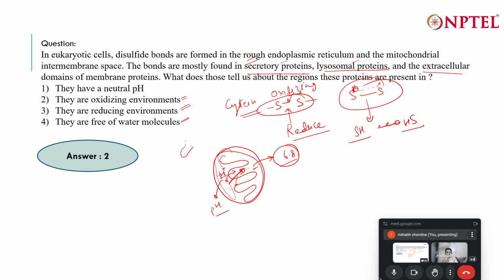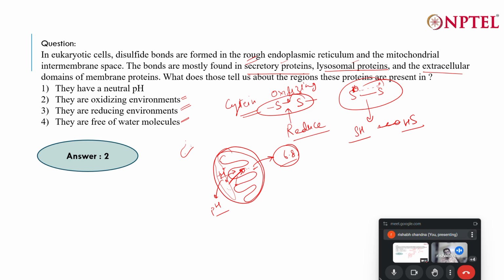So we can say that where the proteins are synthesized, that environment will be oxidizing because bonds are formed, just like in the case of disulfide bonds. Yes, protein synthesis happens in the cytoplasm, although it is linked to the endoplasmic reticulum, but protein folding happens in the endoplasmic reticulum, right?